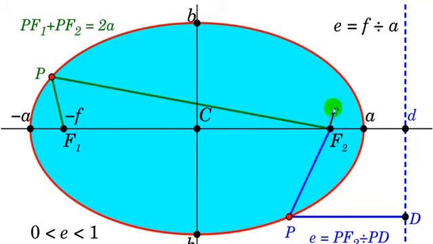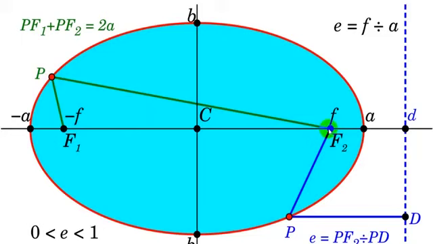And we have the foci, one on this side and the other on the other side, one is plus and one is minus, and we call them F1 and F2.